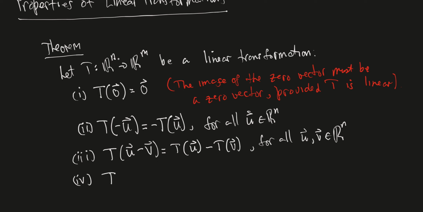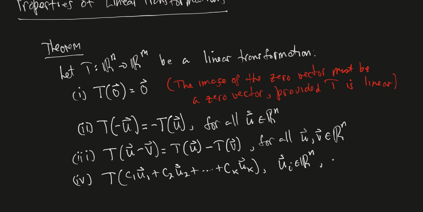A linear combination in Rn would look like c1 times u1 plus c2 times u2 plus c, let's say k times uk, and here all the u's are vectors in Rn, and all the scalars are real numbers.